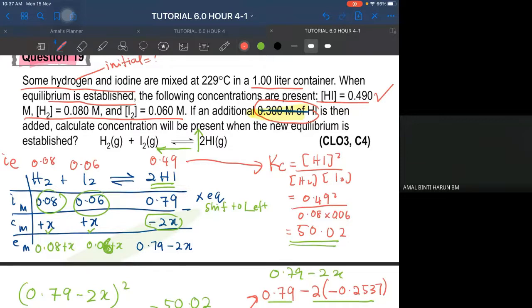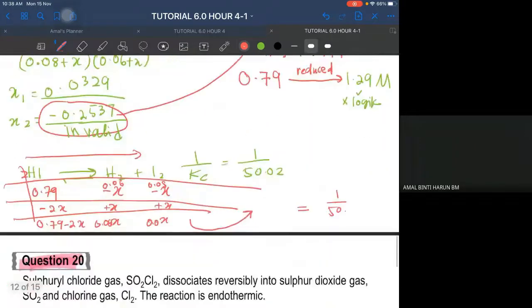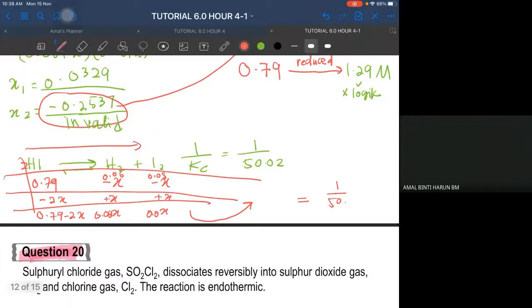Maksudnya daripada H2 form HI. Tapi kalau you nak ubah, you boleh ubah dan jawapan akan sama. Tapi once kita shift kita punya reaction, invert dia, Kc also terbalik. Okay, itu je lah. Clear?